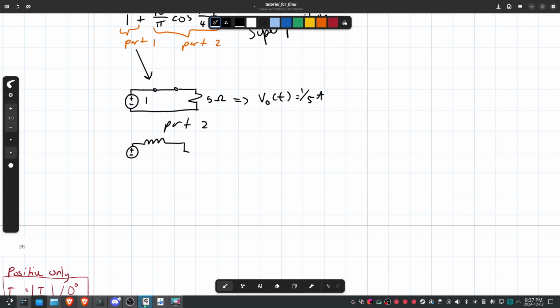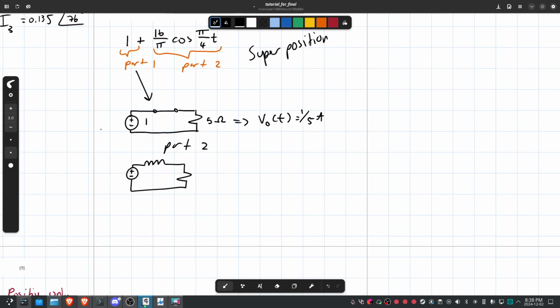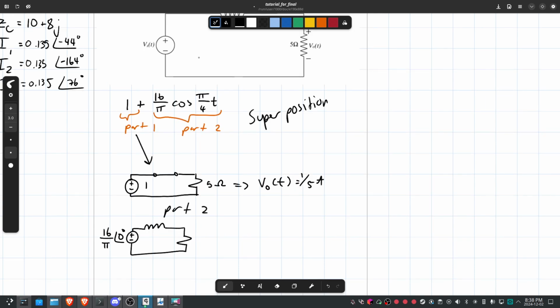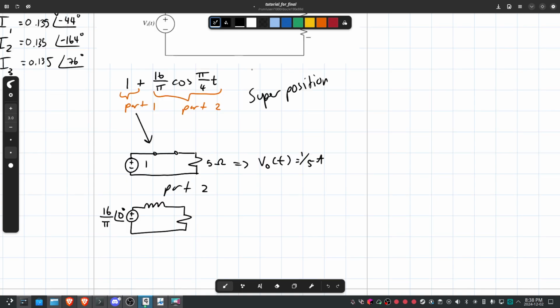We have our inductor, we have our resistor. This is 16 over pi with the phase of 0 because it's cosine, right? Now, if you happen to have a sine part, what you would have to do is add it up in phasor form.